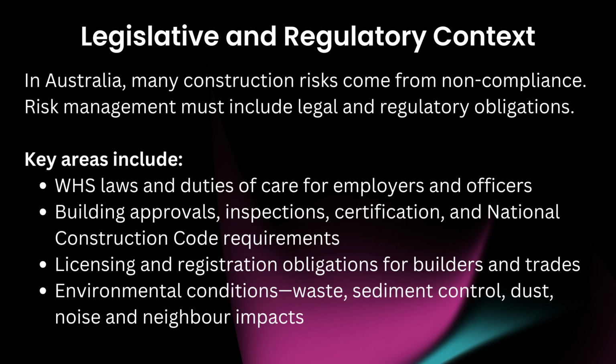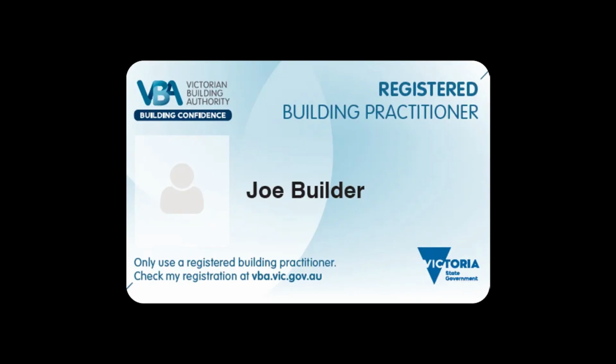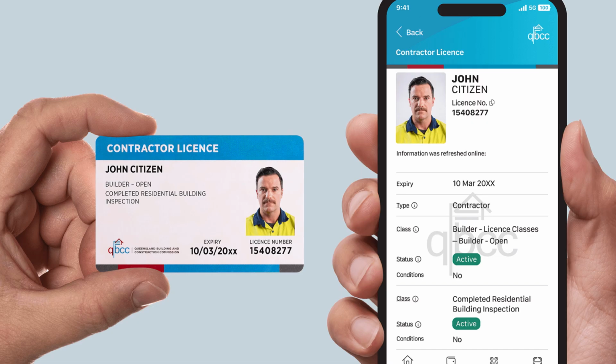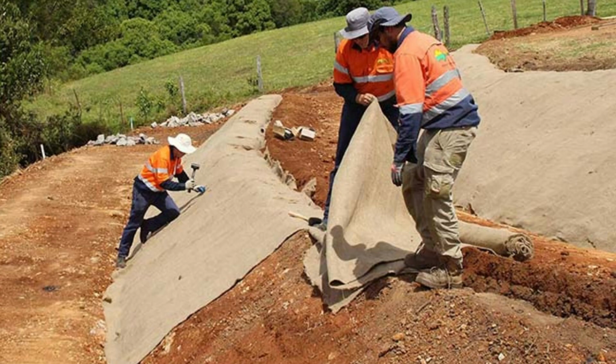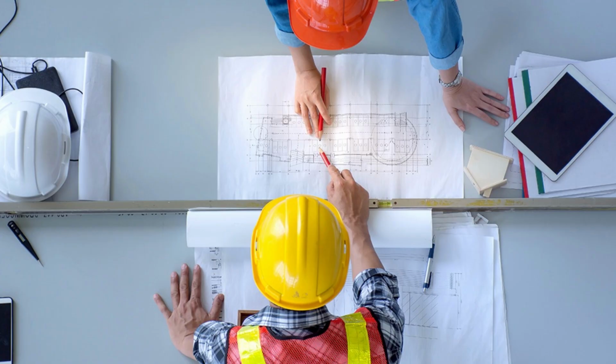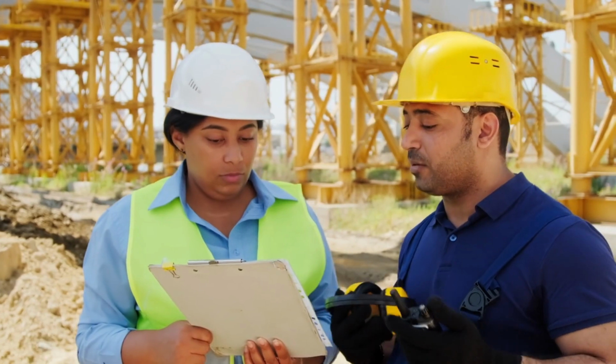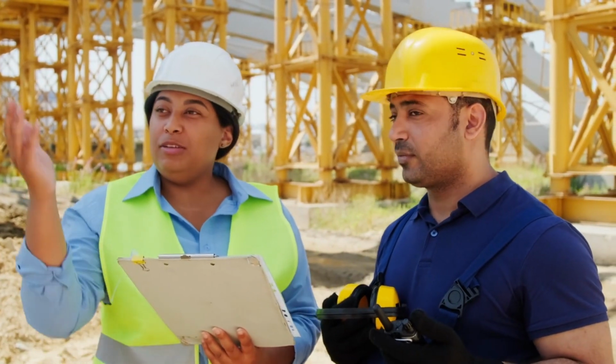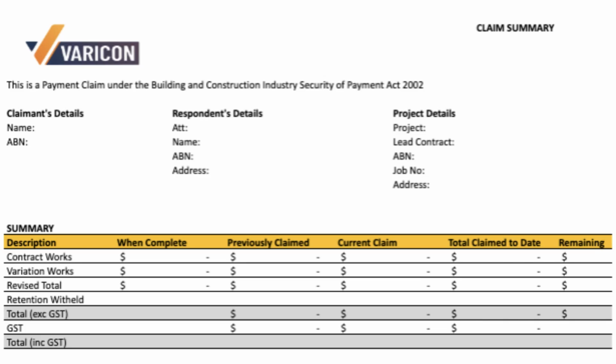Key areas include WHS laws and duties of care for employers and officers, building approvals, inspections, certification, and National Construction Code requirements, licensing and registration obligations for builders and trades, environmental conditions, waste, sediment control, dust, noise and neighbour impacts, workplace relations responsibilities, correct worker classification and fair employment practices, contract and payment obligations including progress claims and record keeping.